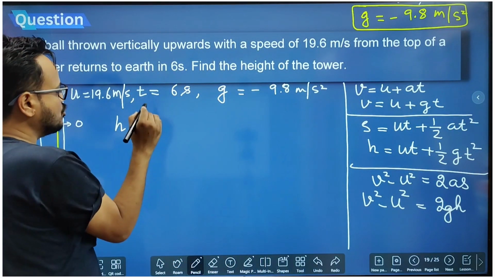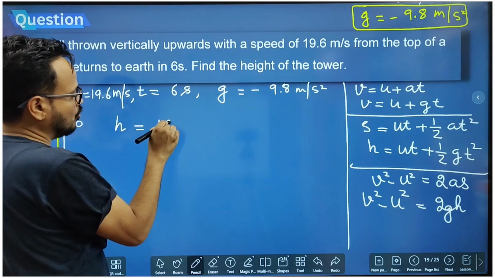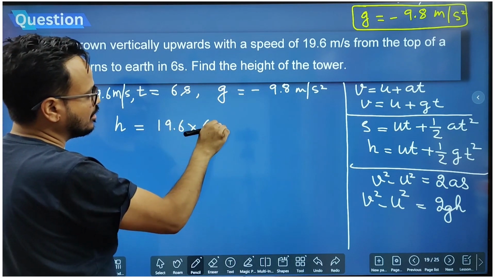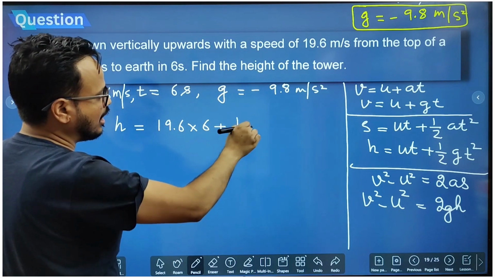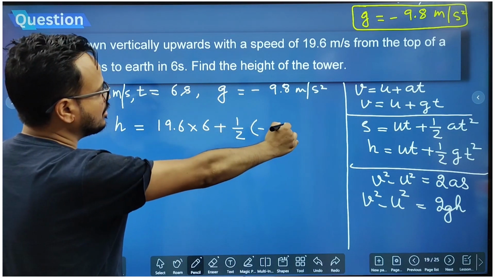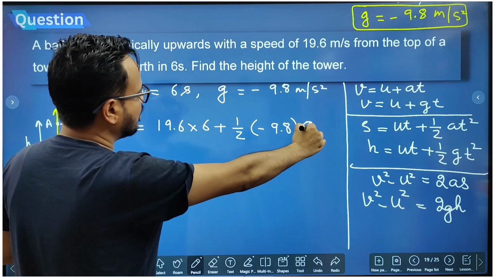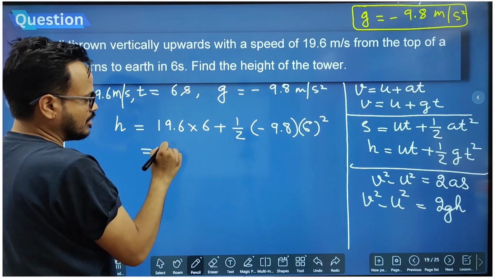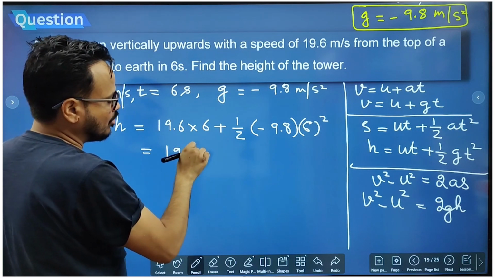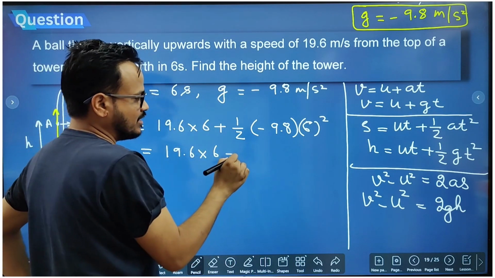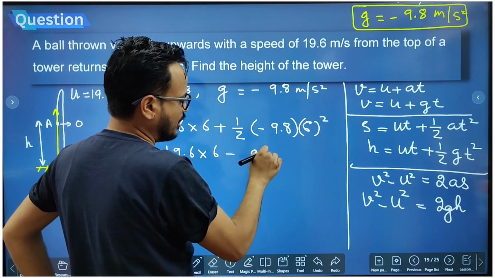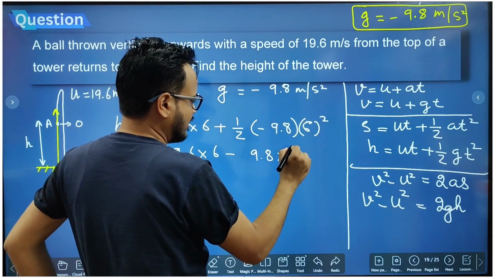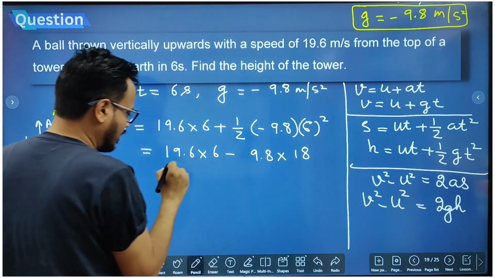Let's put ut plus half gt square. So this is the answer, 19.6 into 6 minus 9.8 into 36 by 2, which is 18, and 18, okay, 18.